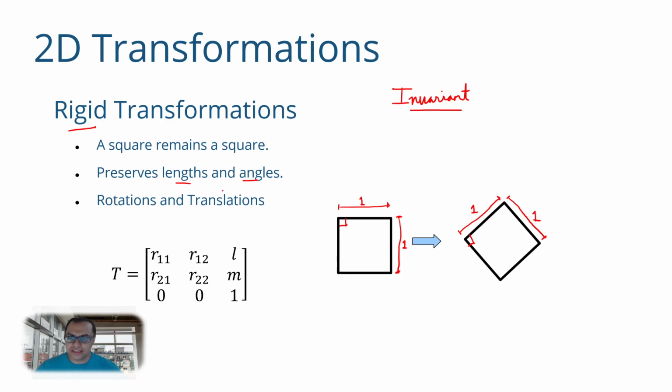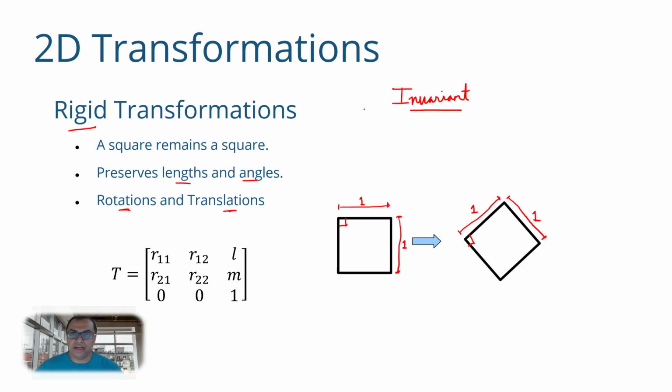So this is a rigid transformation. Which transformations that we have studied belong to the class of rigid transformations? Well, there are only two of them, rotations and translations. Every other transformation is either going to modify lengths or angles or both. So for rigid transformations, lengths and angles are both invariant.